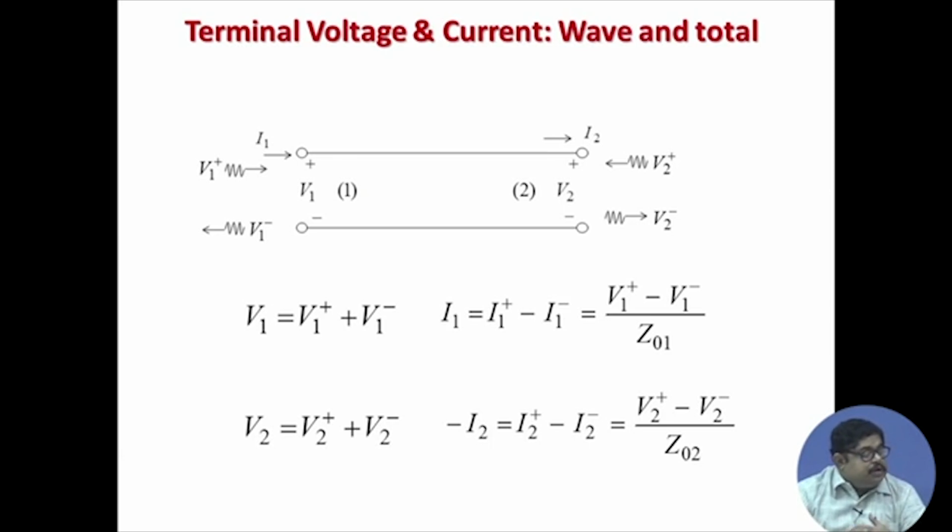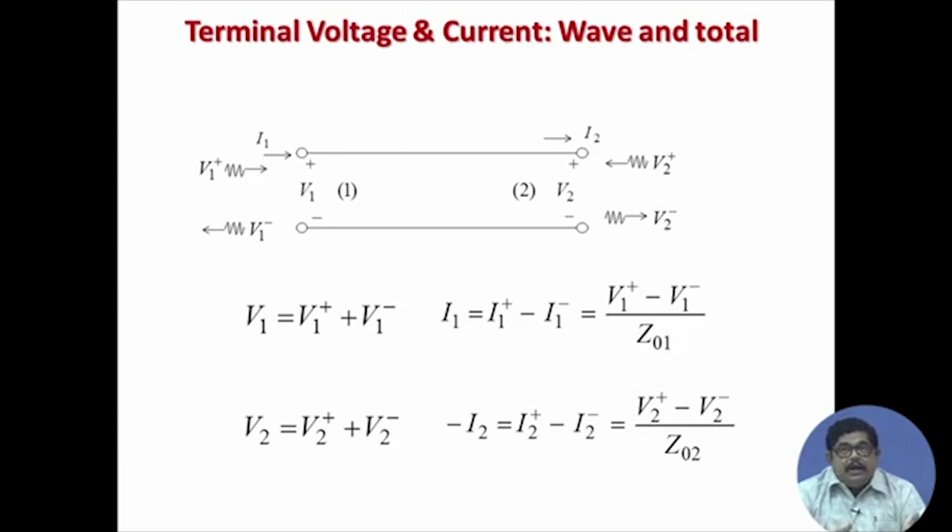Similarly, you can do it at port 2, that you can write the total voltage V2 in terms of V2 plus and V2 minus. You can also write I2 in terms of I2 plus and I2 minus. Here one point I want to mention that in a transmission matrix, ABCD parameters, generally the port current I2 is taken as going out from port 2, because in a cascade that helps.